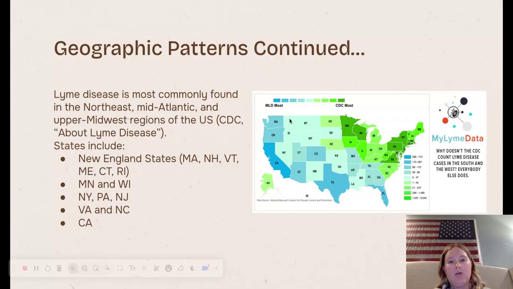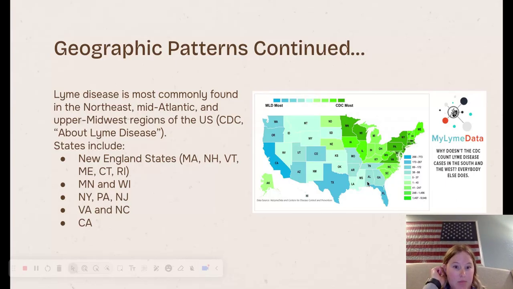And while the West Coast does not have high prevalence of Lyme disease, there is a species of tick in this area that does have the bacteria, so that's why it is listed on this map. But as you can see here, the green states are what the CDC documents, and the states in blue are what my Lyme data documents.